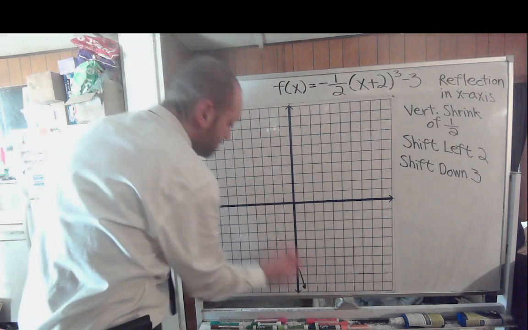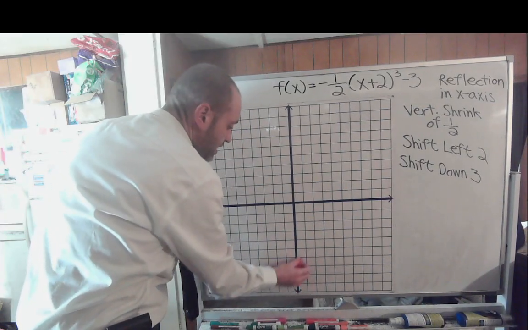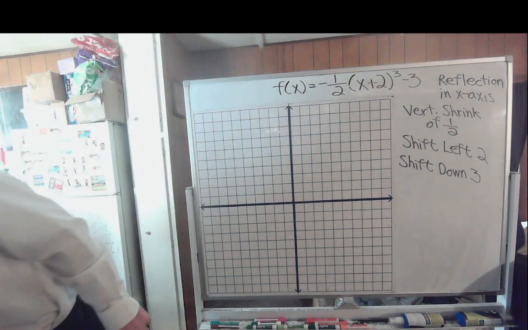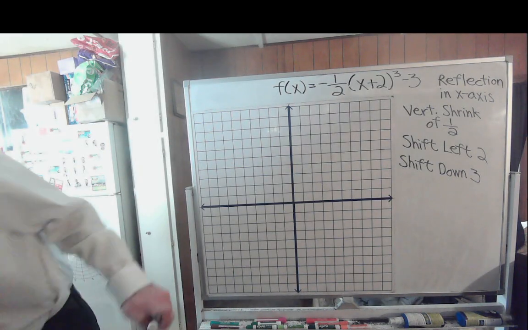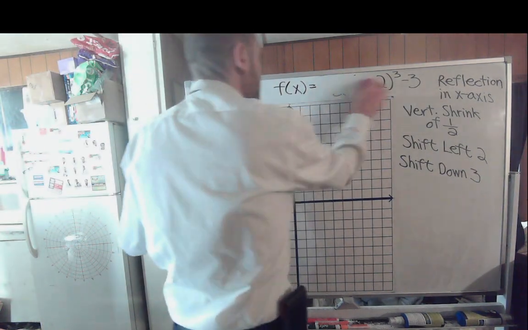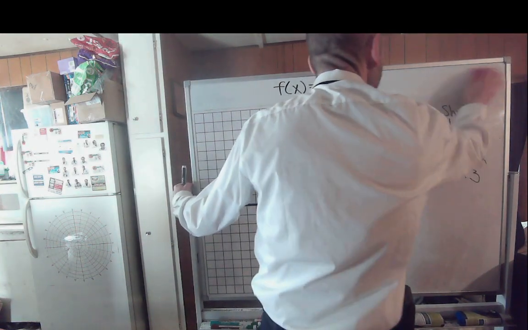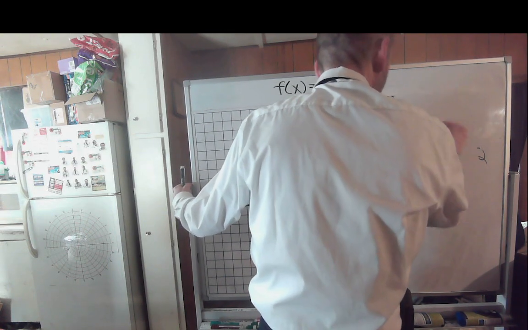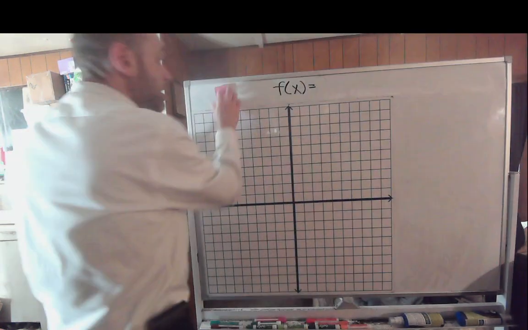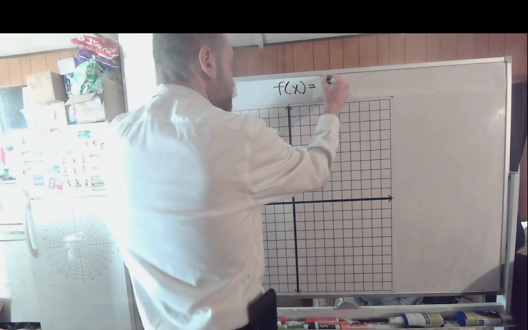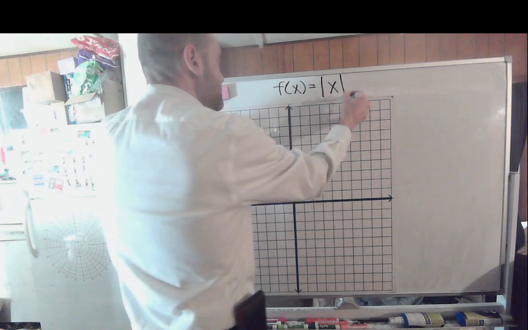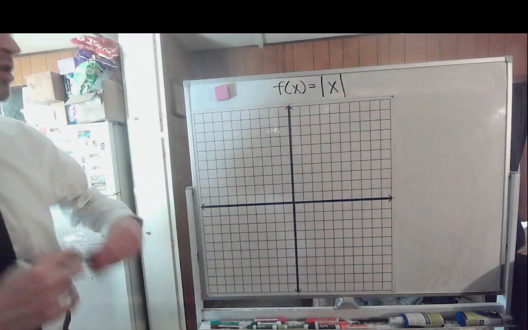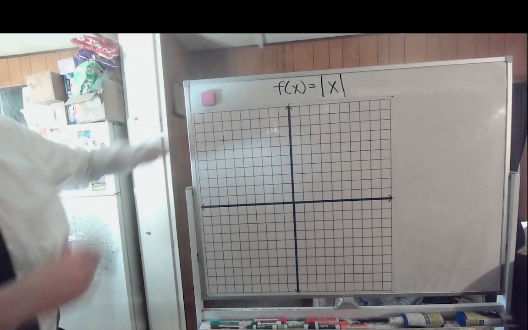Alright, I want to do the absolute value, and the square root. That's all I have left. The absolute value function and the square root. So let's see, f of x equals the absolute value of x. So let's graph the parent function f of x equals the absolute value of x.